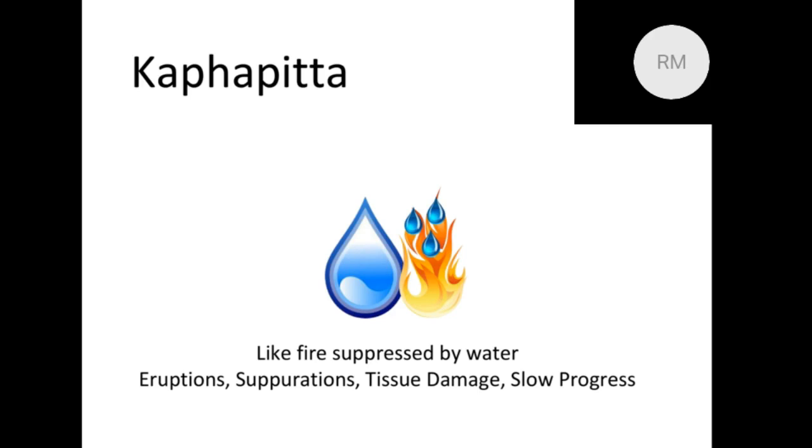So what we are discussing here is only the major combinations, and just for refreshing our memory, there are three categories: the single dosha dominance, dual dosha dominance, and then the triple dosha dominance. This is the simplest way of classifying the dosha.